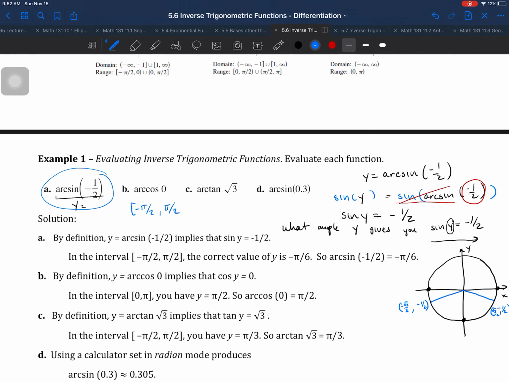So you can only use an angle between positive pi/2 and negative pi/2. That means this angle will not work, and we're going to be using this angle right there.